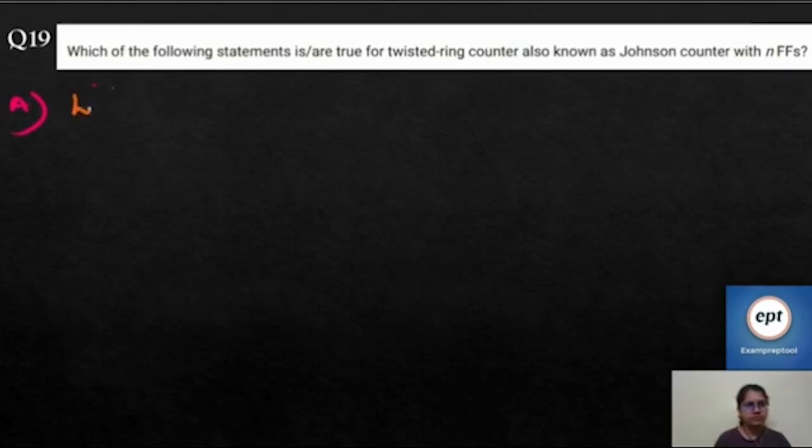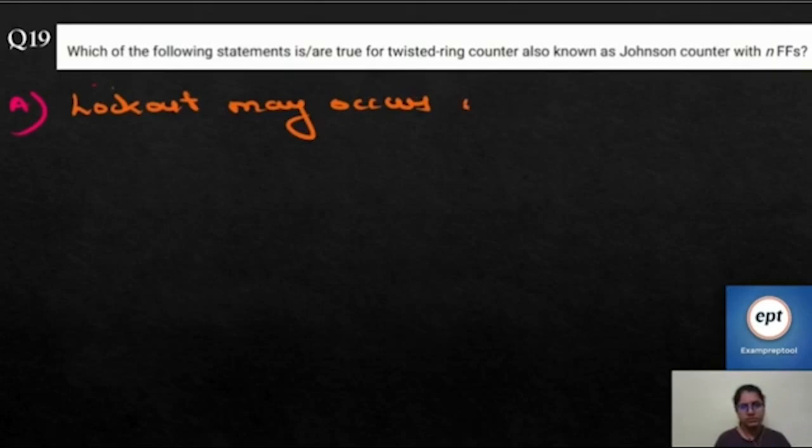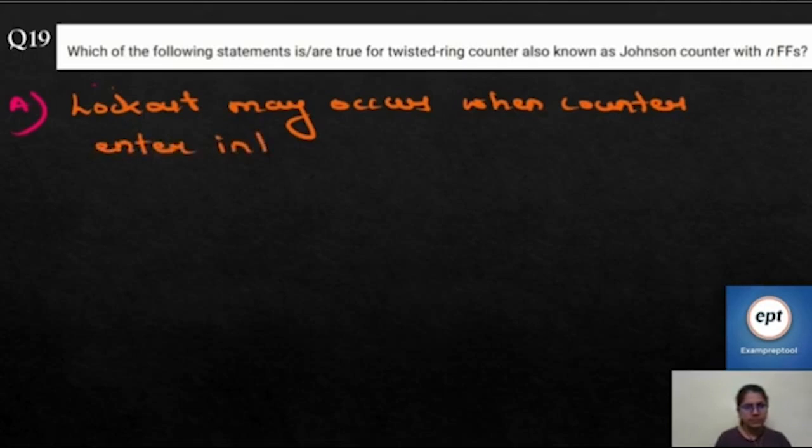The first option is: lockout may occur when the counter enters into an unused state.